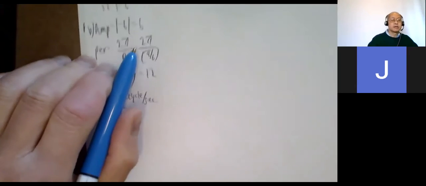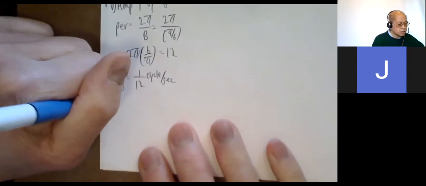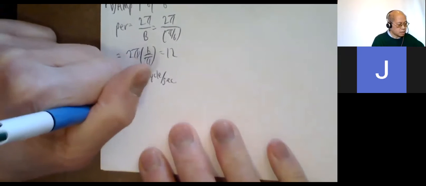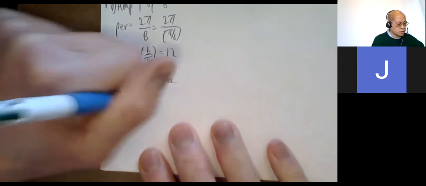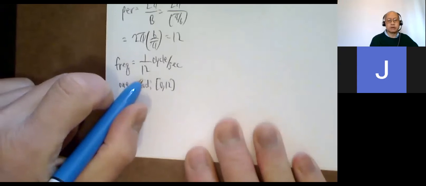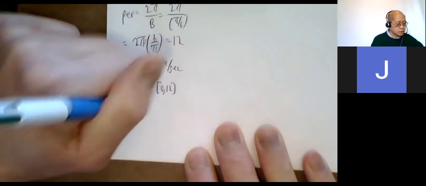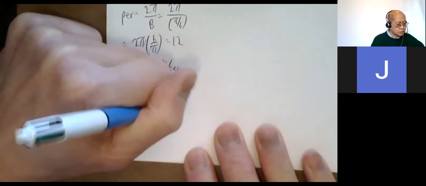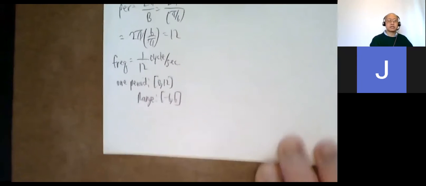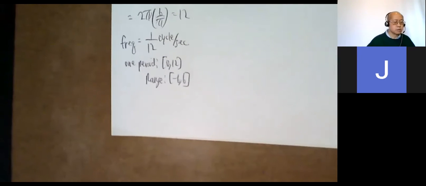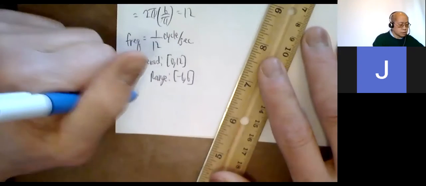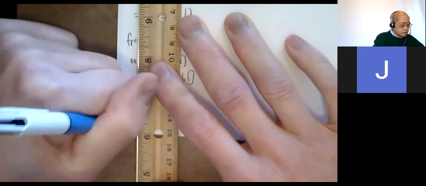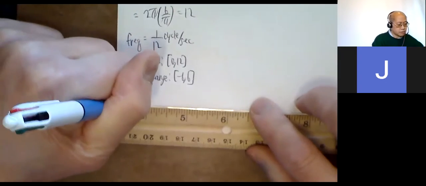So we go from 6 to -6. One period is from 0 to 12. They told me to go out to 24, so I'm going to do 2 periods. The range is -6 to +6. I'll try to squeeze it in here and just change the scale a little bit.